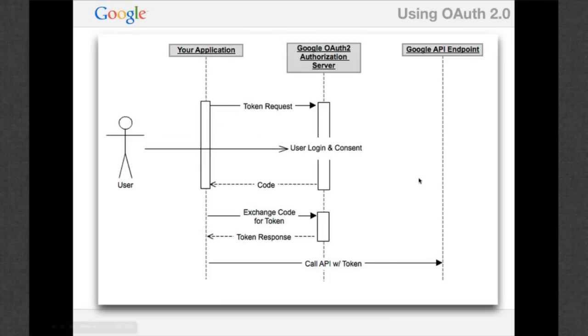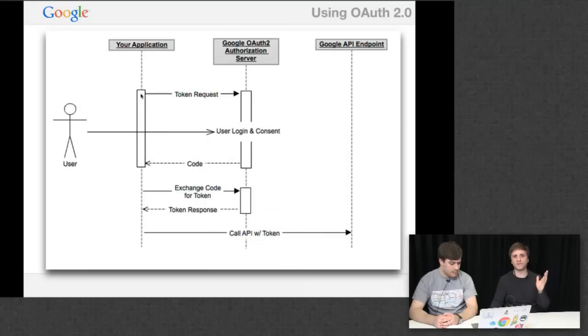But the basic flow is your application here is going to begin the authentication process, and it's going to ask Google to begin the authentication process and start giving me some tokens. This is going to redirect my application to some sort of Google authentication page or pop-up or some sort of scheme, depending on what type of application I have, and I'll talk about that in just a second.